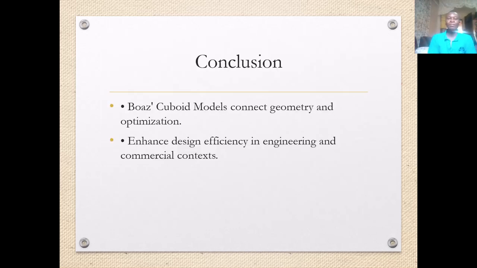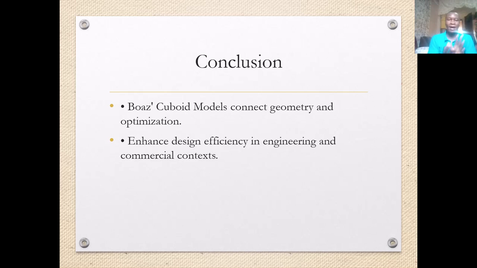So to the conclusion, Boas cuboid models connect the geometry and the optimization. The geometry part is the length and the dimensions, and then optimization deals with how you can apply this model to optimize your project for more income or more profits.